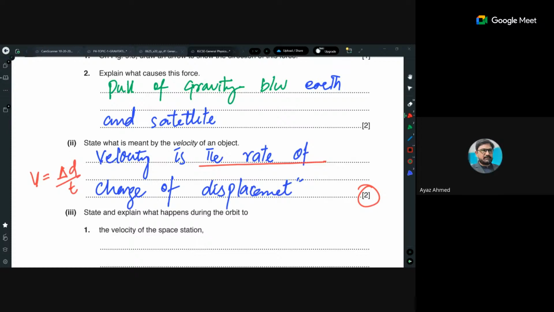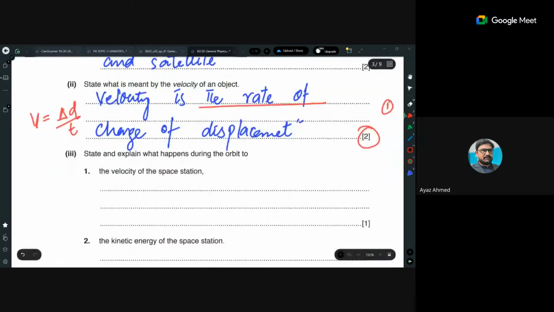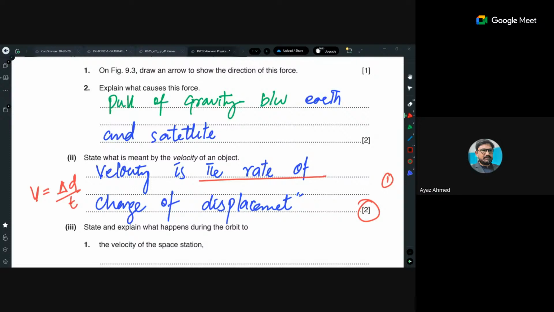No, you will score just 1 mark for that. For that, no definition. The rate of change of displacement. Or the examiner can give you a favor that you can say change in displacement per unit time, right?